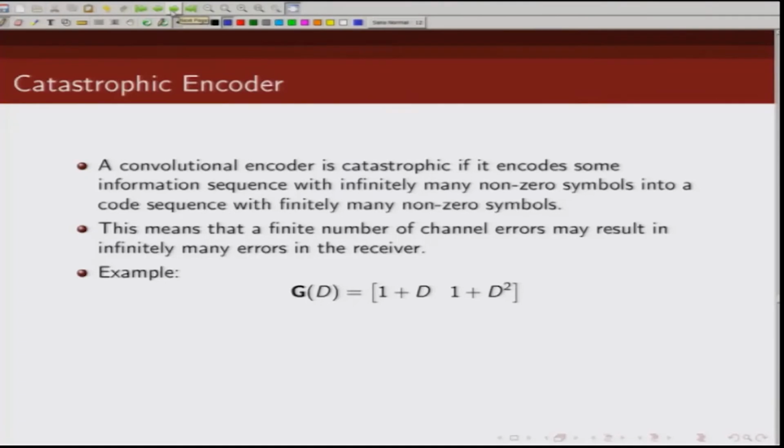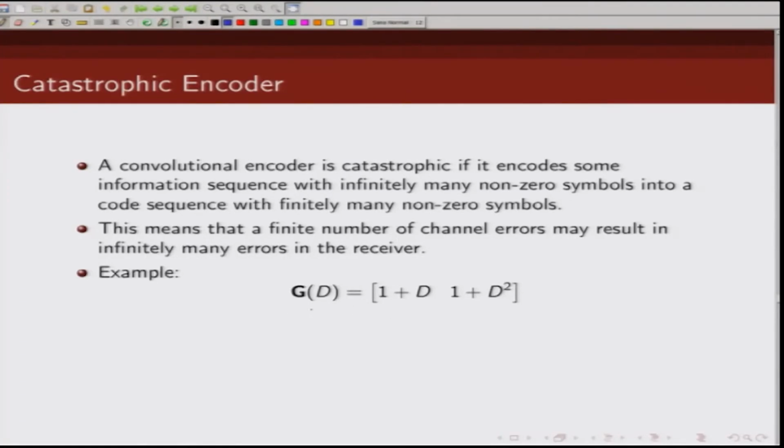Because that information sequence is getting mapped to a coded sequence with a finite number of ones, if errors happen in those locations where you have the finite number of ones, then your output sequence will get transformed into an all 0 sequence, and your decoder will think that you have transmitted an all 0 sequence, whereas actually you had transmitted a sequence of all ones. So, a finite number of channel errors in case of a catastrophic encoder can result in an infinite number of input errors.